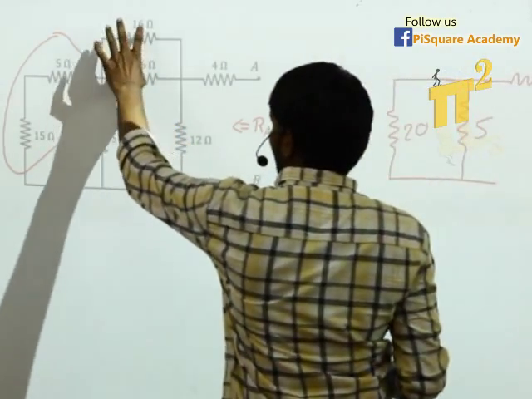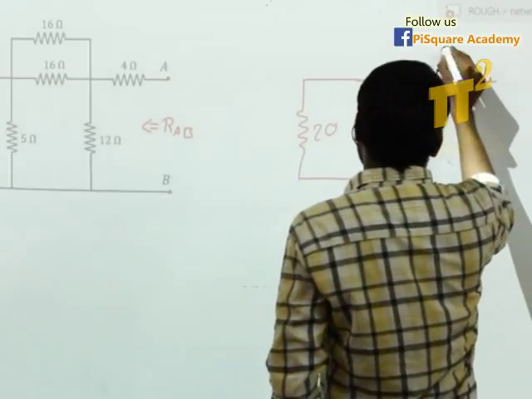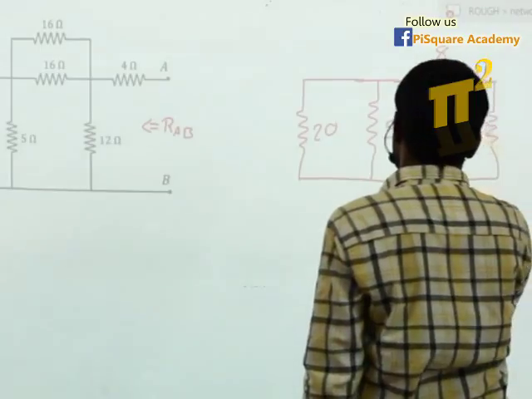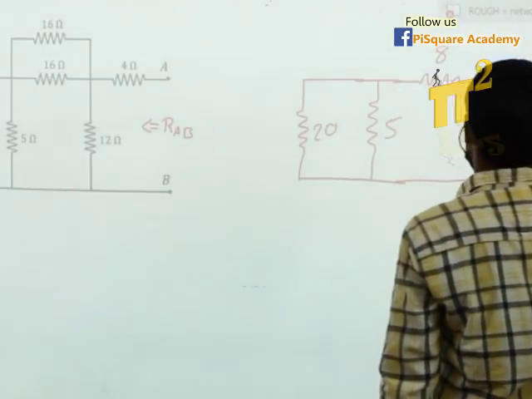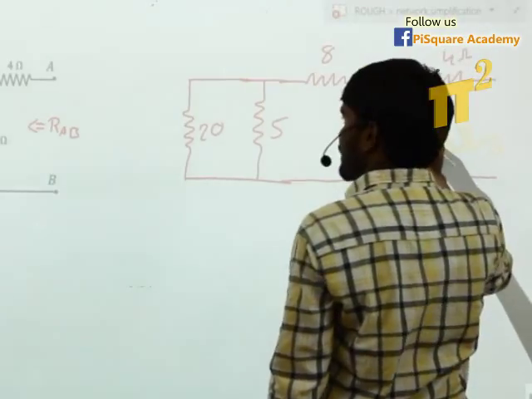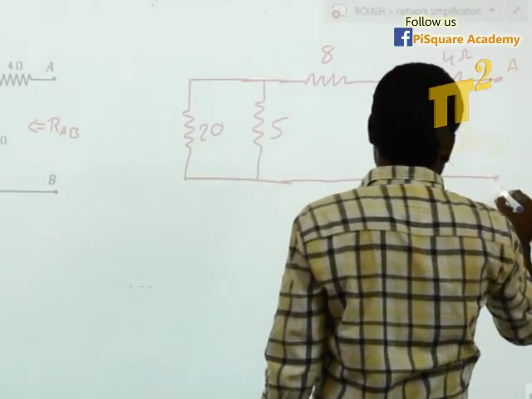And we know these two are in parallel, so the resultant is 8 ohms. You can simplify, sir. There is no harm in simplifying in between, but you have to make sure whether they are in series or parallel. If you are sure enough, you can do it.